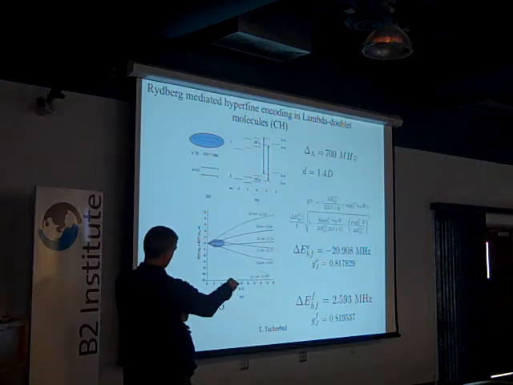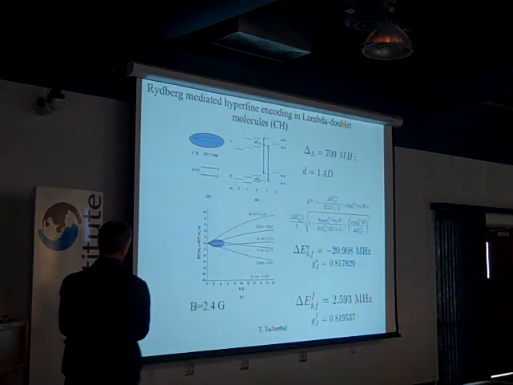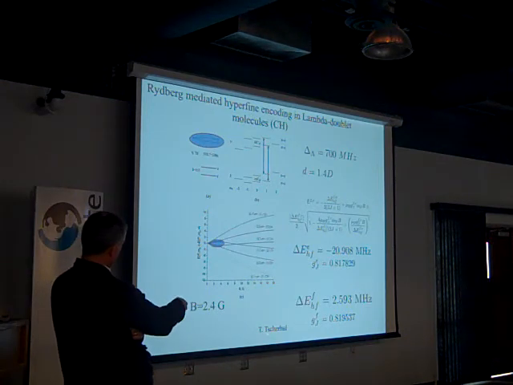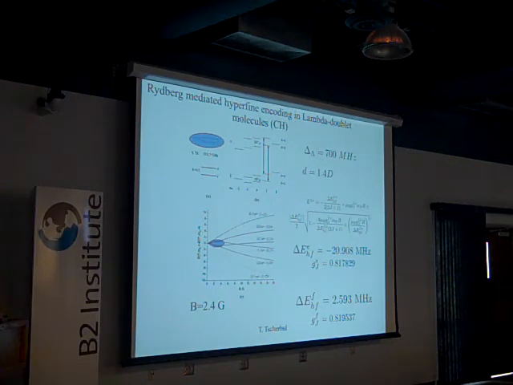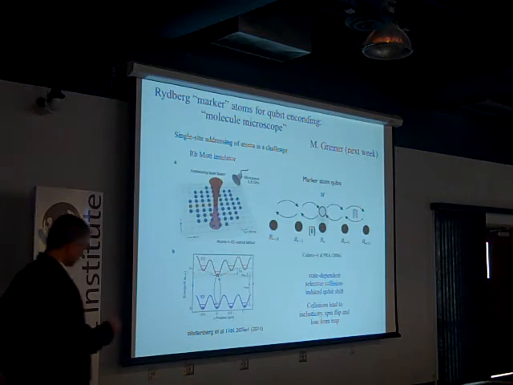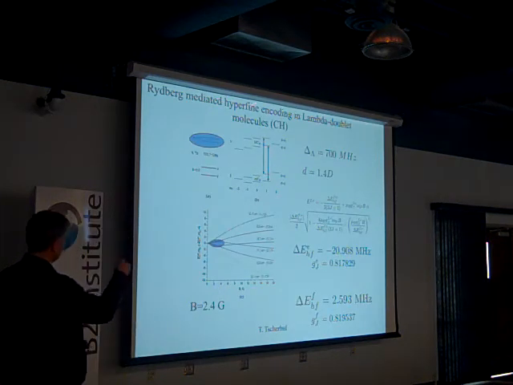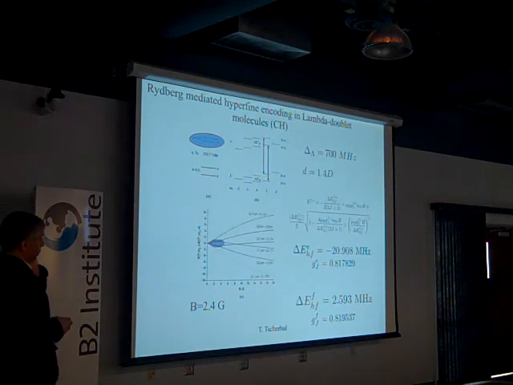It would be minus 21 megahertz, in this case about 2.6 gigahertz. These calculations were done for us by a very talented postdoc, Timur Sherwood, at ITAMP. So you can also encode into hyperfine levels in lambda doublets, and these have very large coherence times.